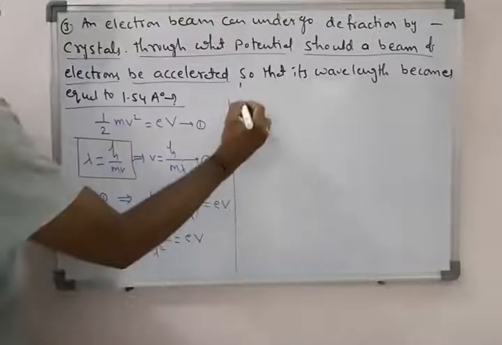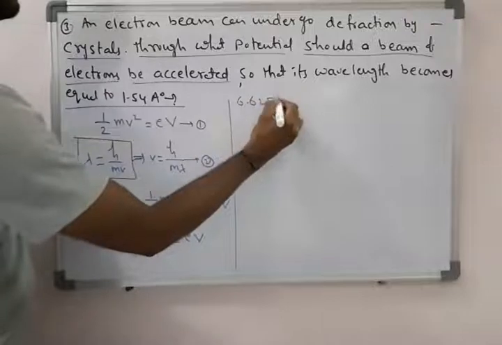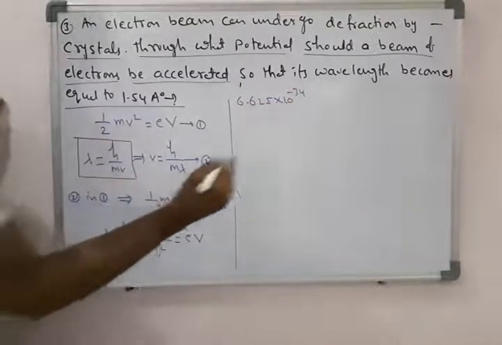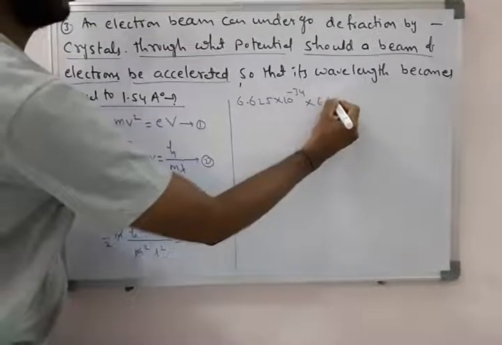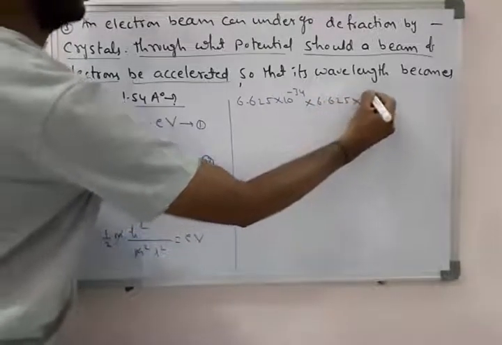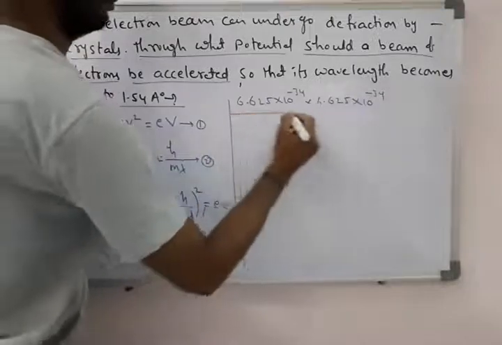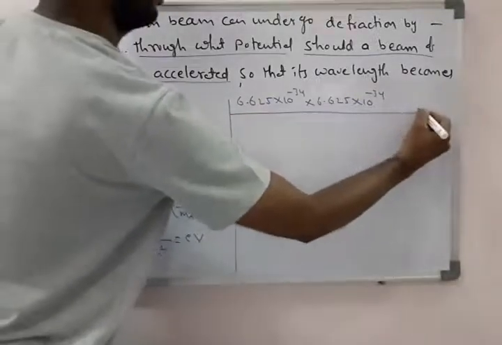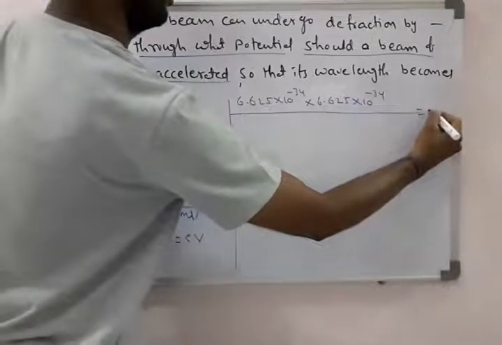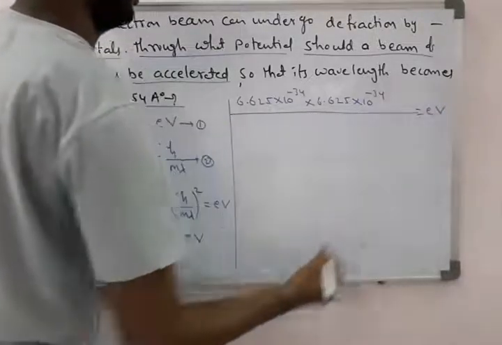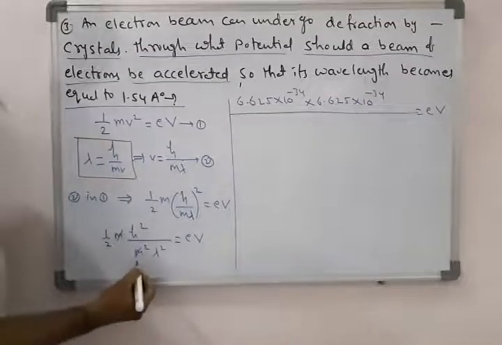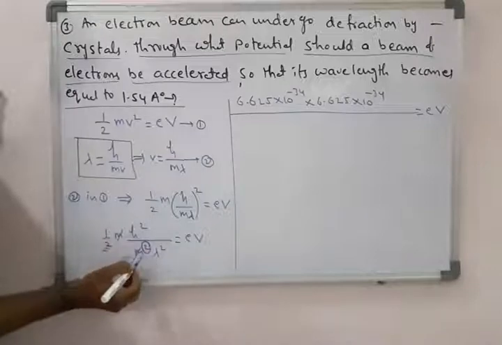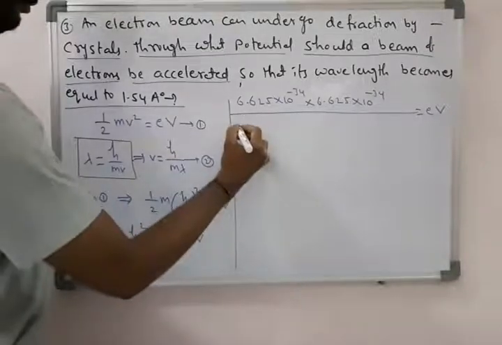So the h value we know, square. So what is the m here?